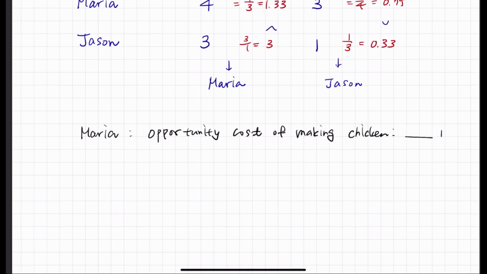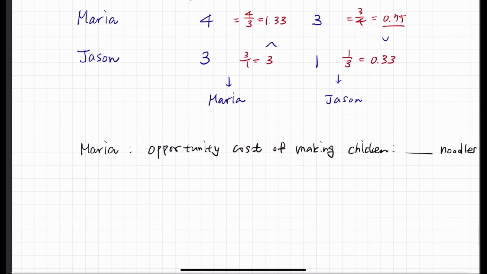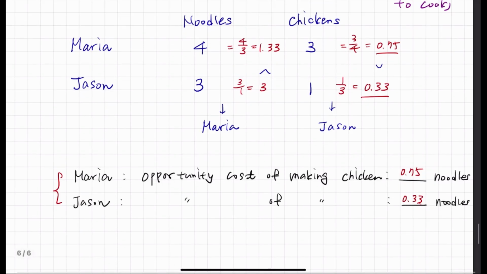How many noodles? What is that? 1.75 noodles. And Jason's opportunity cost of making a chicken is how many noodles? 0.33. Okay, that is the answer.